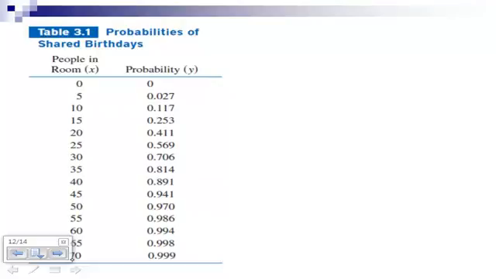Have you ever actually had 2 people in your room share the same birthday? Oh, absolutely, especially when I have twins. Like last year in stats, Lisa and Scott Tensor were in the same class and had the same birthday.